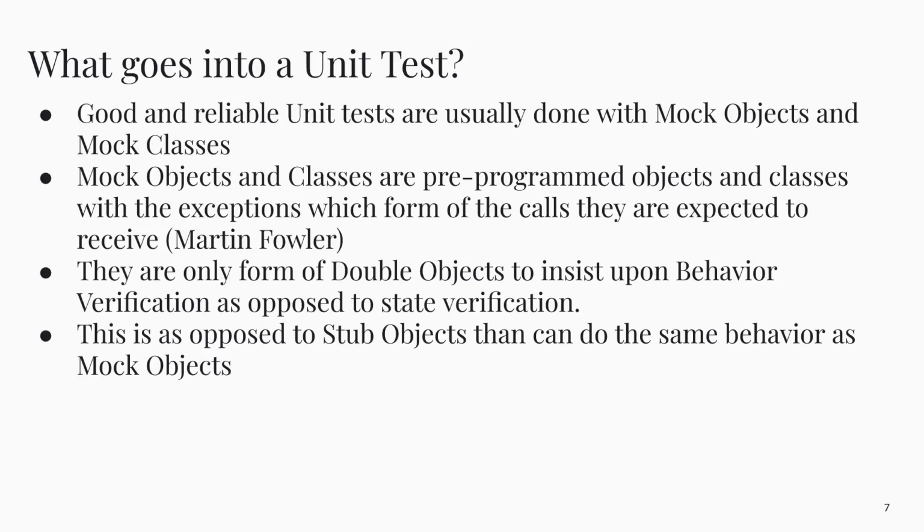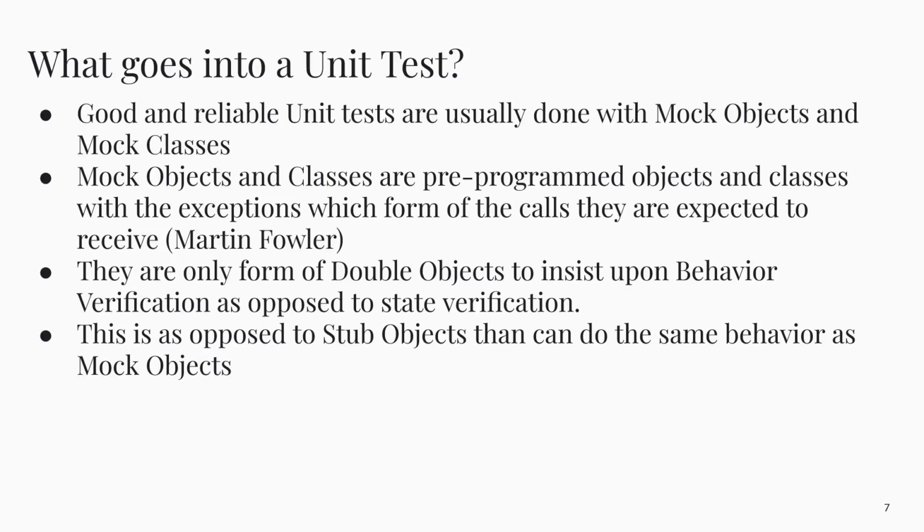And in fact, these mock objects are the only form of double objects. Double objects are basically objects that are copying one set of code. They are pretend objects that are used in place of real objects for testing purposes.